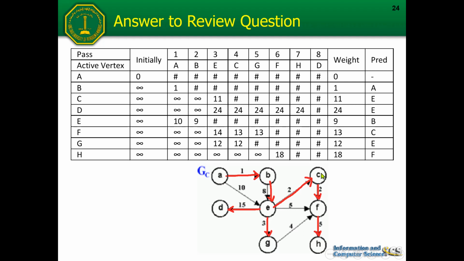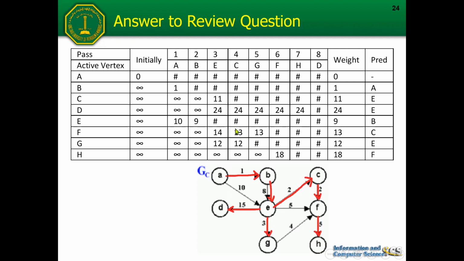In C, we can only go to F, right? That way will be 1 plus 8 plus 2 plus 2, that will be 13. So now, by using this path to go to F, the total way is 13.